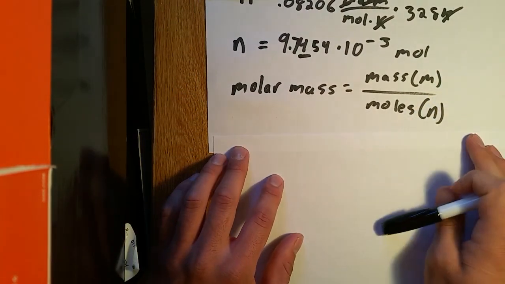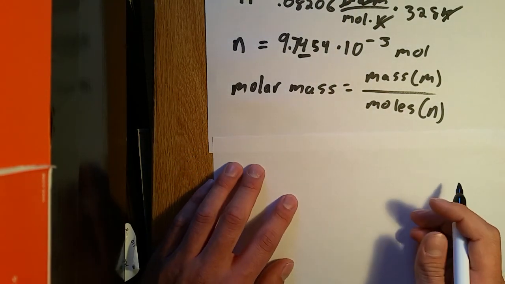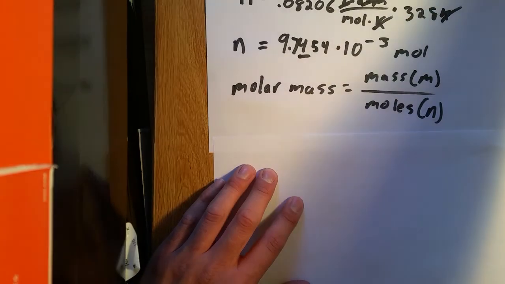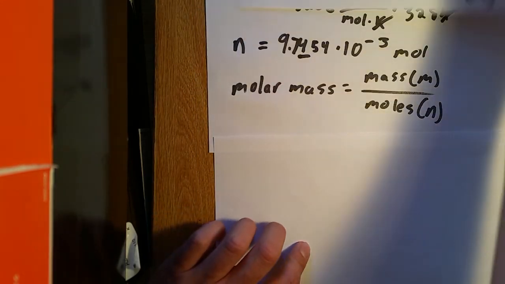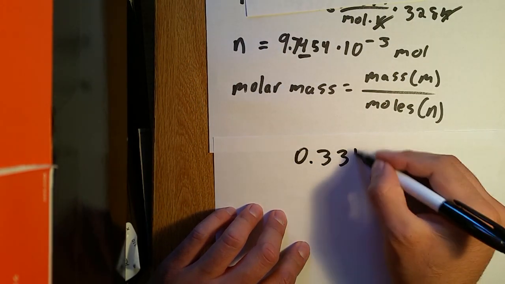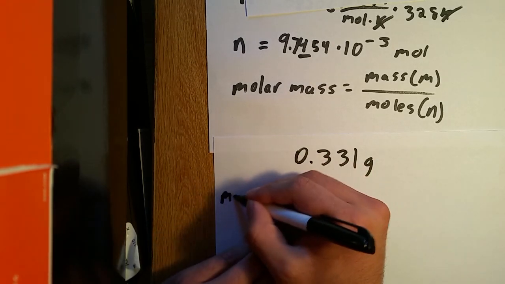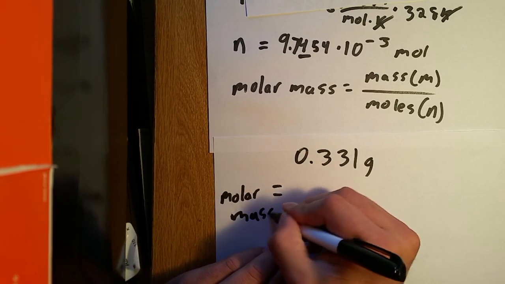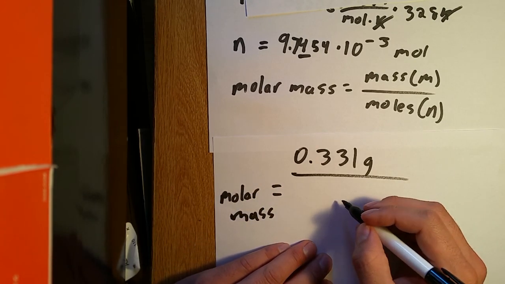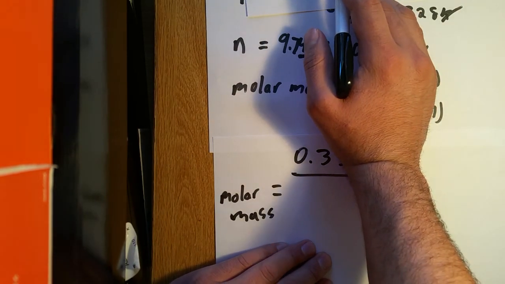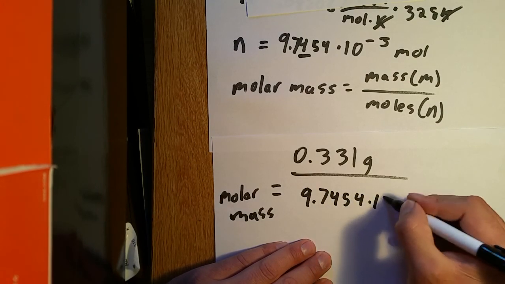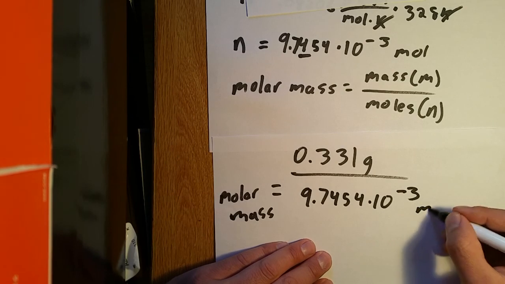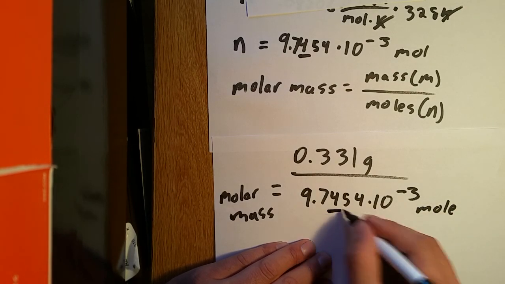So we take the mass given at the beginning, 0.331 grams, over our moles, which we just calculated to be 9.7454 times 10 to the negative third mole, keeping track of our sig figs.